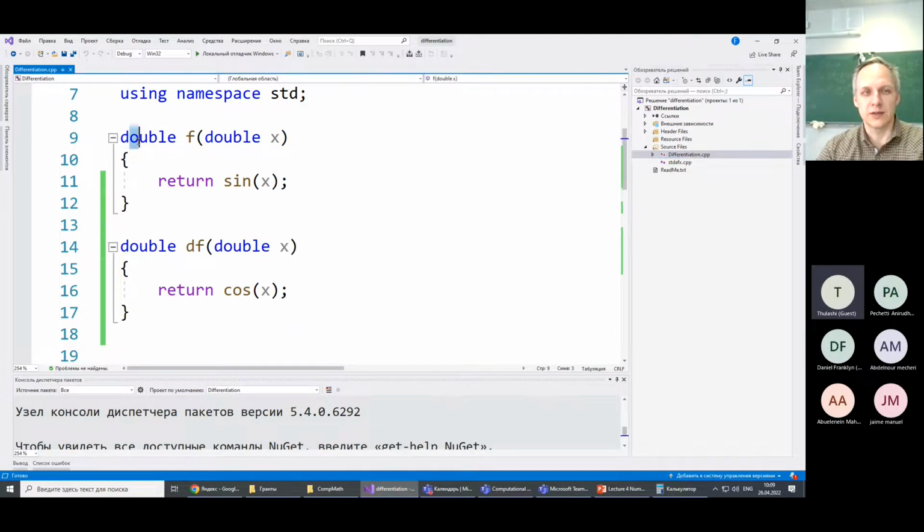Let's consider the function f of x. For example, it can be sine. What will be the first derivative of sine? It's cosine. So the function df corresponds to the derivative of sine, df, a cosine.